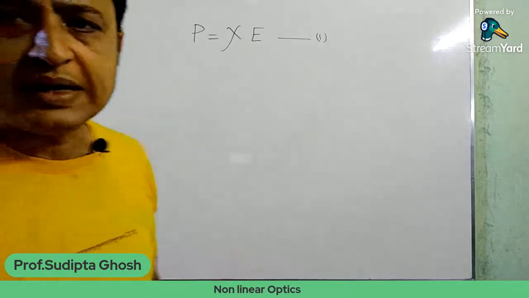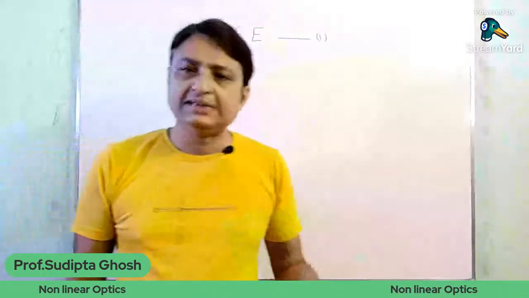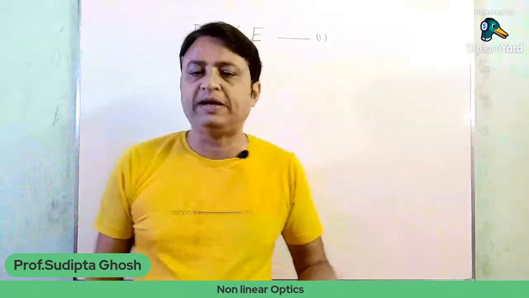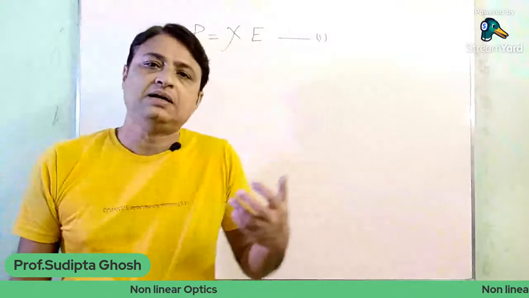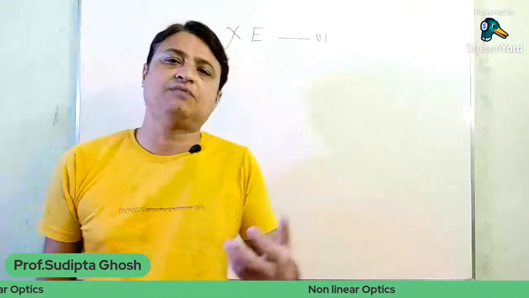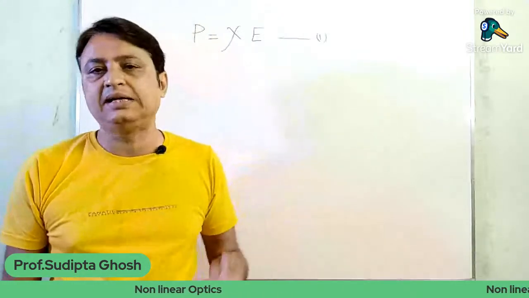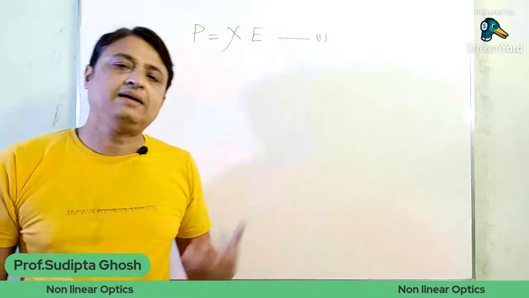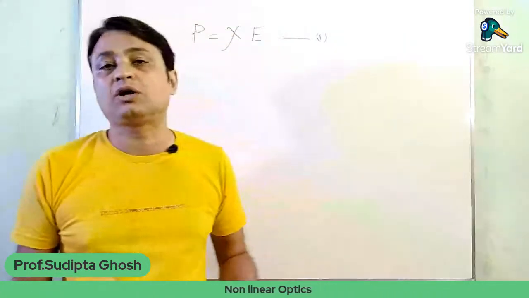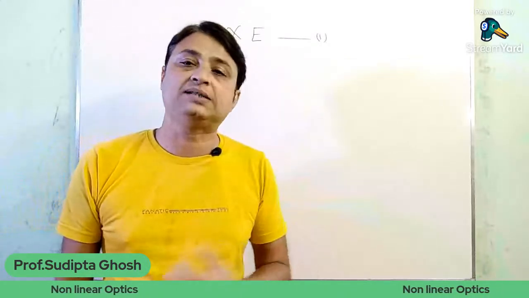So what I am saying is that after the invention of the laser, beyond the year 1960, when the laser became popular, the field intensity of the laser, as we know, is a highly intense electric field, of the order of 10 to the power 8 to 10 to the power 10 volts per centimeter.